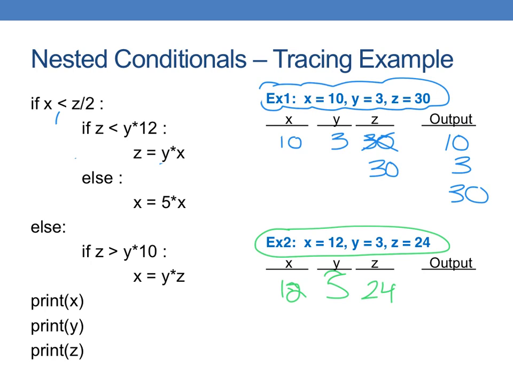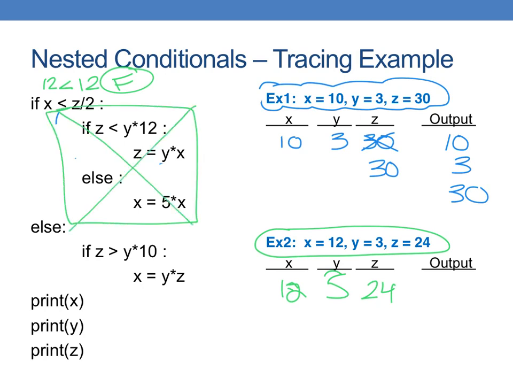Okay, z is divided by 2, so that's 12 is greater than 12. Well, that's false. And because this is false, everything underneath that if is skipped. And we come down to our else, and we're going to run this code. And so then our next check is, okay, z, which is 24, is greater than y, which is 3, times 10, which is 30.